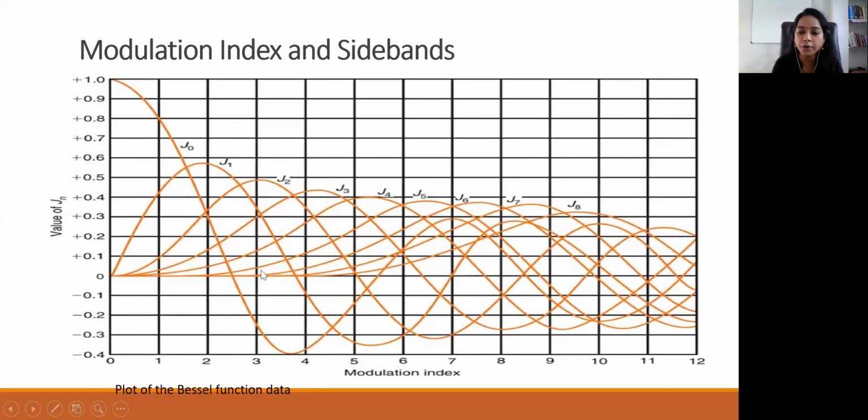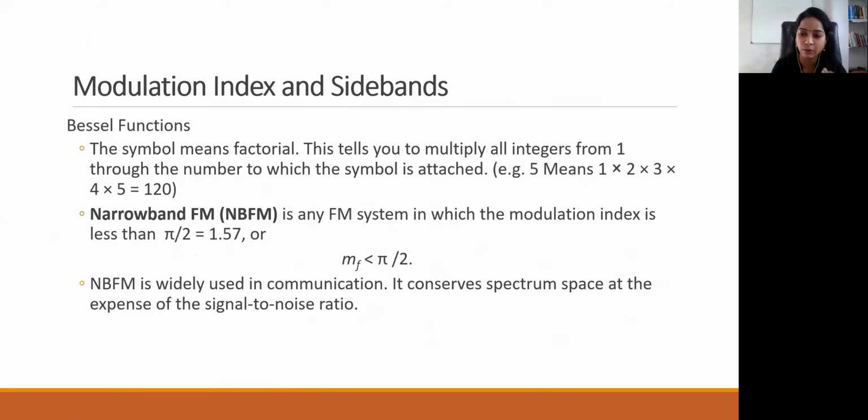This is the plot of frequency with each incoming amplitude change. So this will give you the number of sidebands. These basis functions decide how many sidebands occur in a particular modulation technique. Here also we can define modulation index and sidebands, where modulation index is defined as pi by 2.